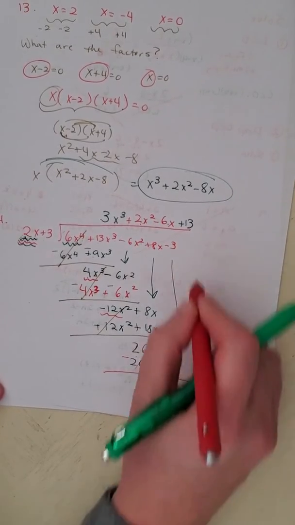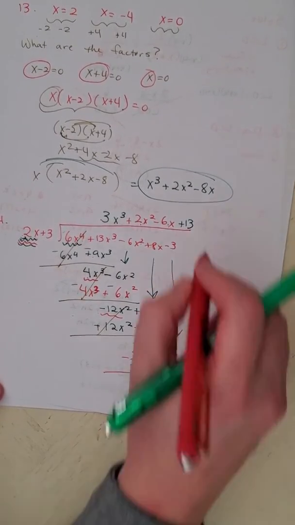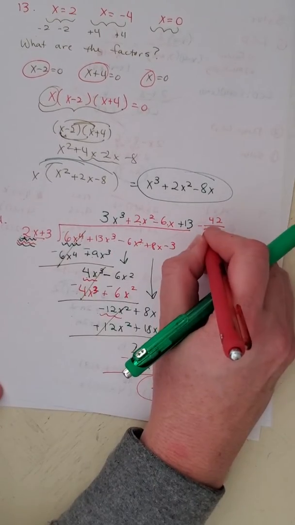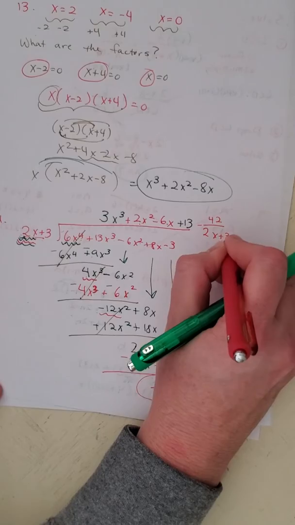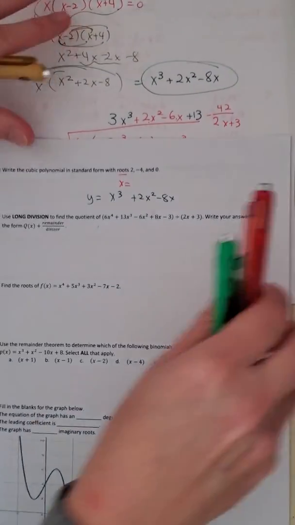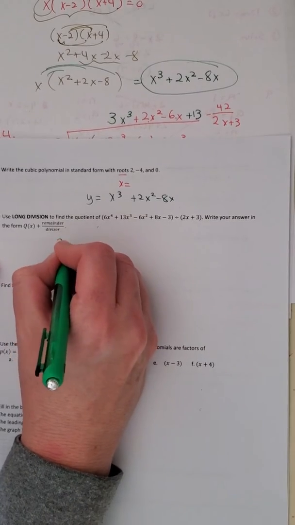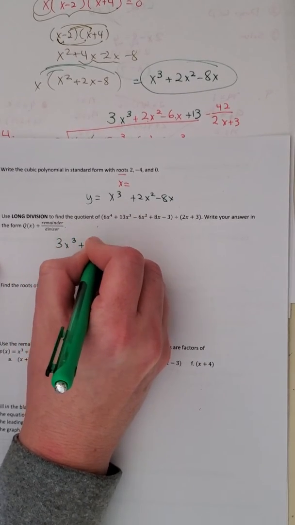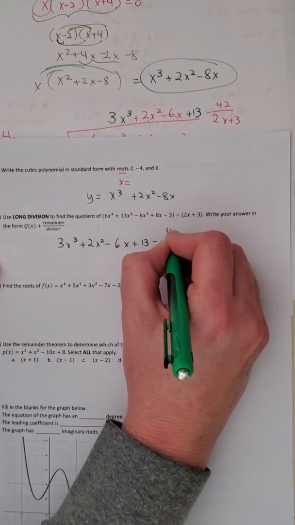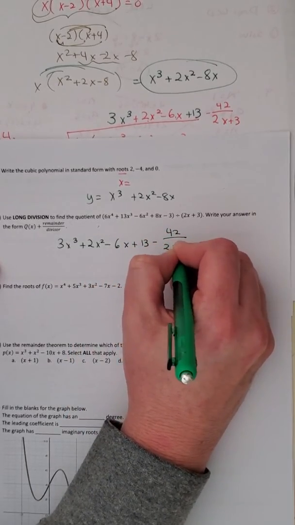And our remainder, there's no more terms to bring down, must be negative 42. And we place that over our divisor, 2x plus 3. And so our quotient is 3x cubed plus 2x squared minus 6x plus 13 minus 42 over 2x plus 3.